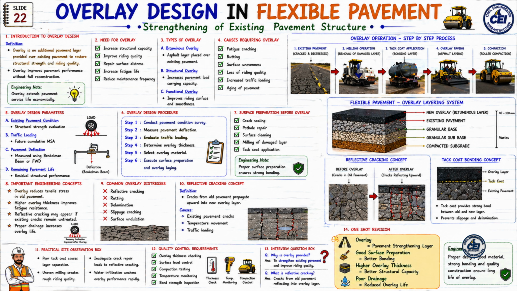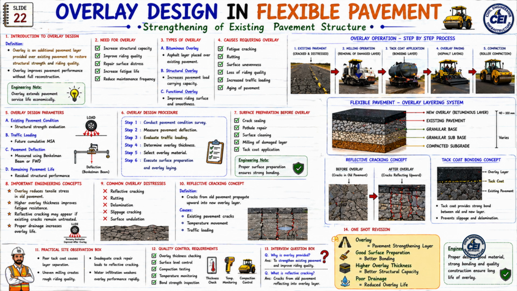Now let's take a look at the one-shot revision below. Overlay: pavement strengthening layer. Good surface preparation, better bonding. Higher overlay thickness, better structural capacity. Poor drainage, reduced overlay life. See the final engineering note at the bottom.